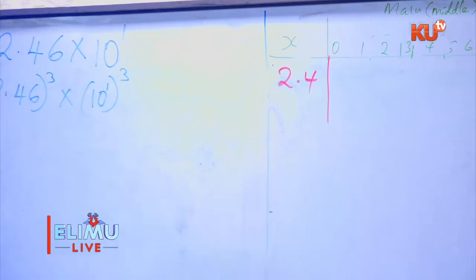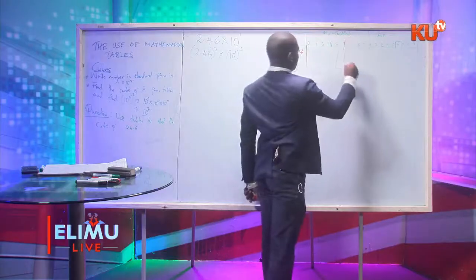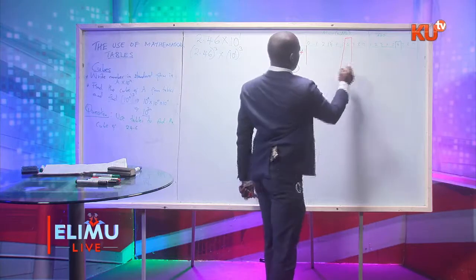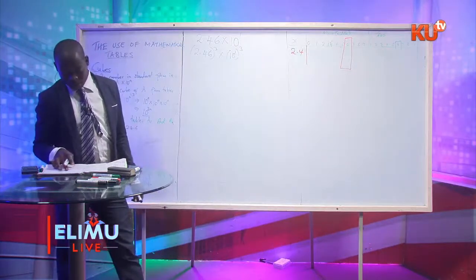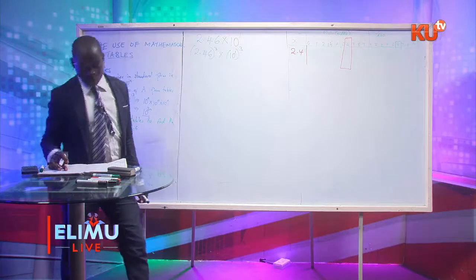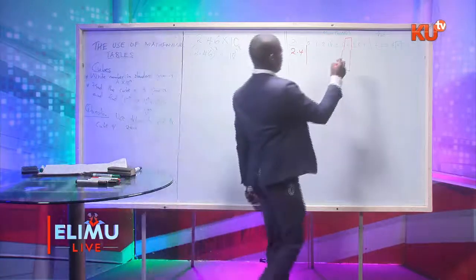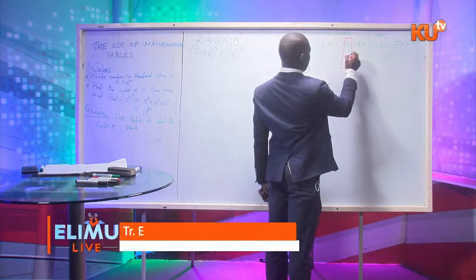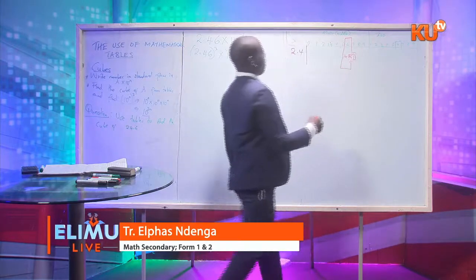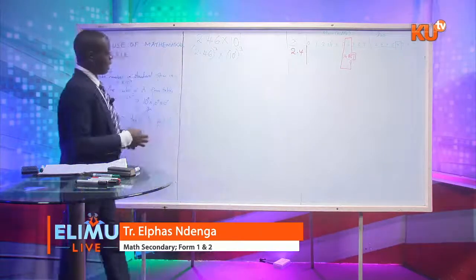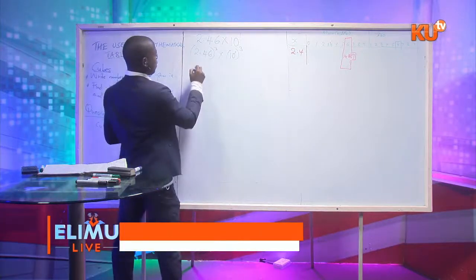Below 6, you'll find the value in the mathematical table is 14.887. So you take that value and write it here.